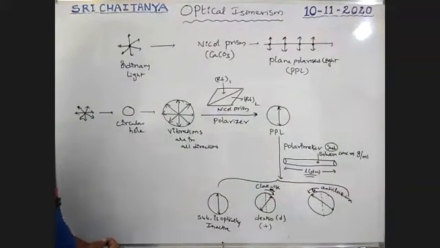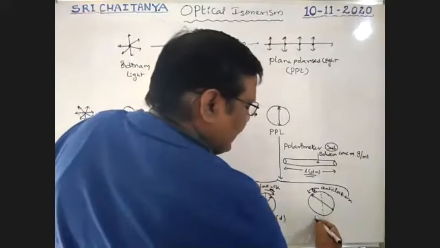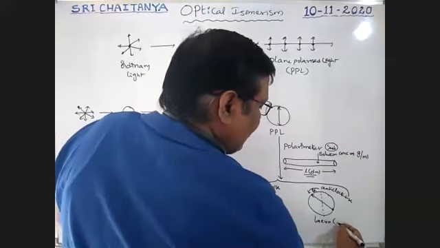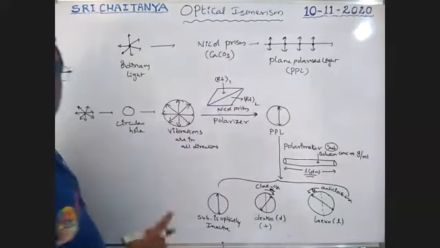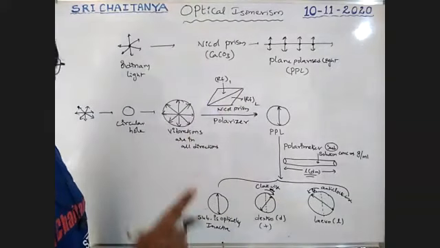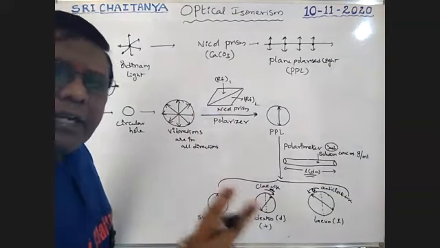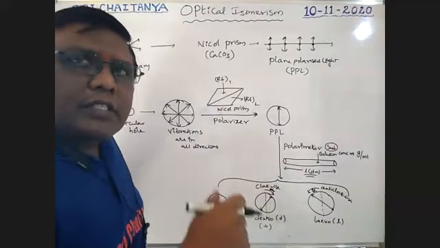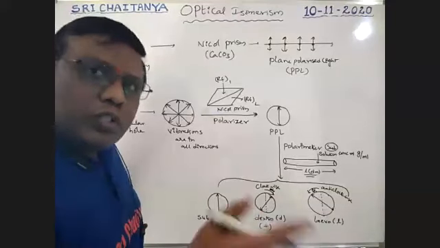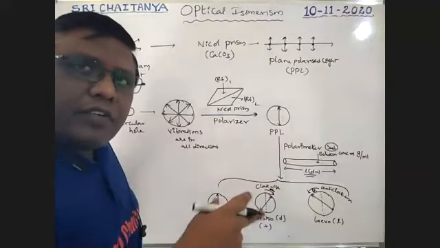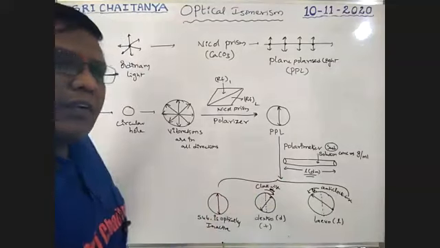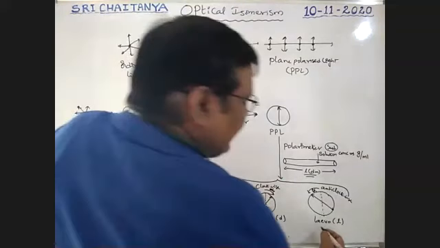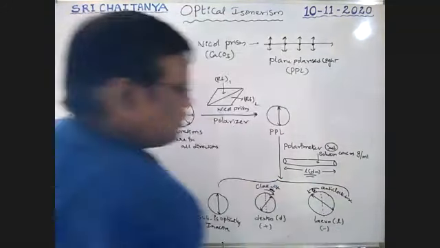This is called levo rotation, or l rotation. Both d and l are small letters, boys. Small d and small l indicate rotations. Dextro means towards right, that is the clockwise direction. Levo means towards left, anti-clockwise direction, so it is a negative or minus rotation.